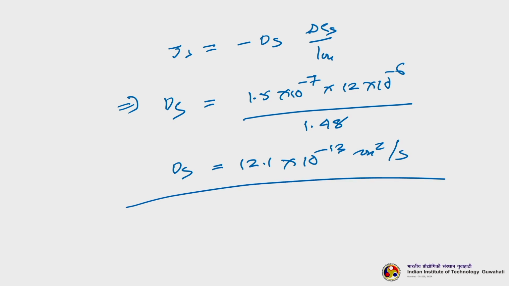So, this is your salt diffusivity. I hope you understand how we have proceeded and calculated the salt flux as well as water flux, salt diffusivity as well as water diffusivity inside the membrane, by using the classic solution diffusion model. Please solve similar types of problems which are there in many of the books.